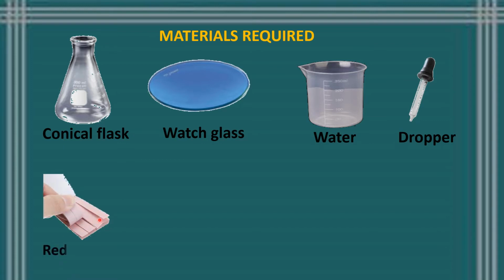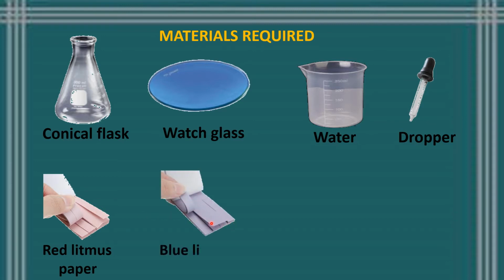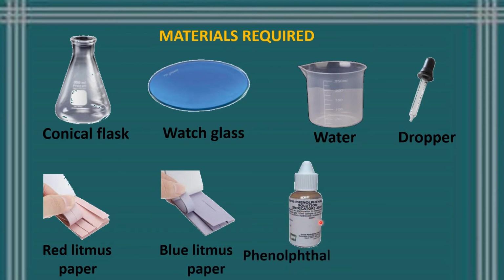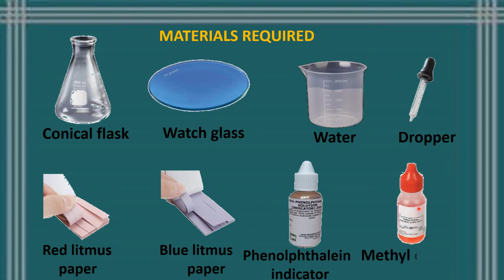This is a red litmus paper and we need blue litmus paper. Indicators. This is the phenolphthalein indicator and this is the methyl orange indicator. Okay. Apart from this, some other chemicals, dilute solutions we have to prepare by using water.